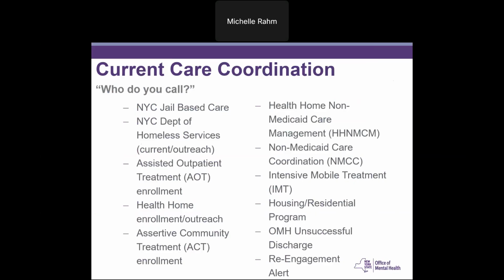We have health home non-Medicaid care management information or non-Medicaid care coordination. We have intensive mobile treatment, IMT data, housing residential program information, OMH unsuccessful discharge, and re-engagement alerts. So this is data that can be potentially found in the current care section if applicable to the client.